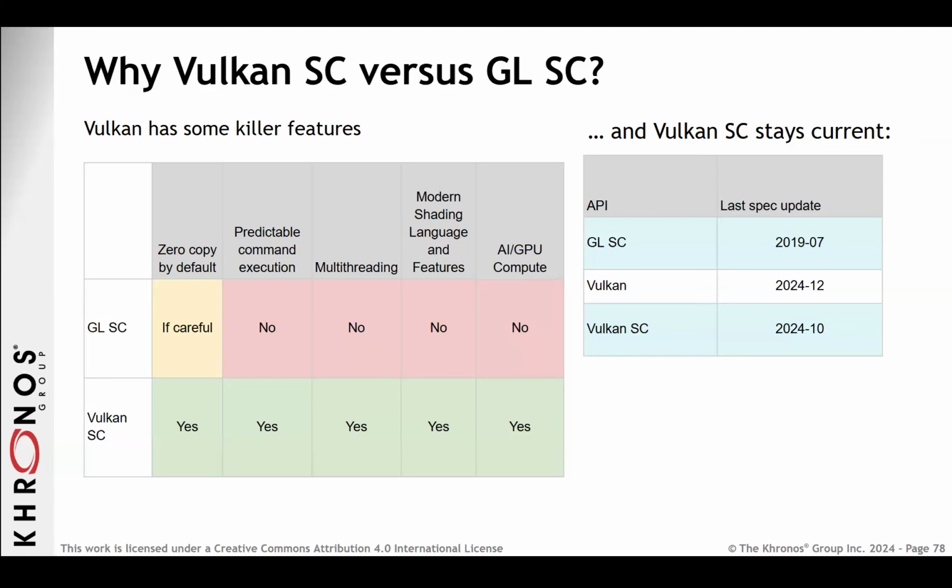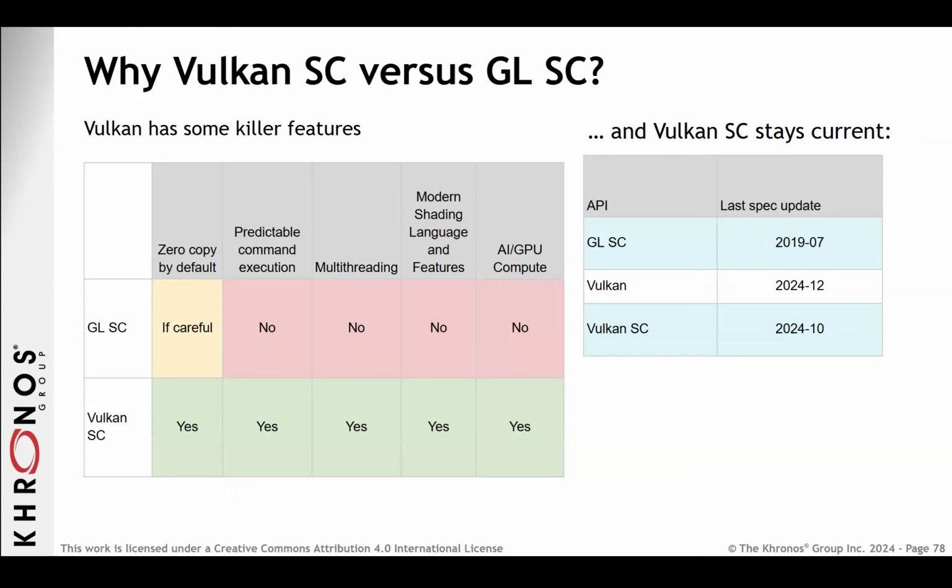And if we compare the two safety critical graphics, we can see there is a clear winner. So GLSC is designed for safety, but it's not multi-threaded, and it hasn't moved since GLES 2.0, which means that it has no compute support. Shaders for GLSC are also from the GLES 2.0 era, so they're extremely limited in functionality compared to Vulkan SC.